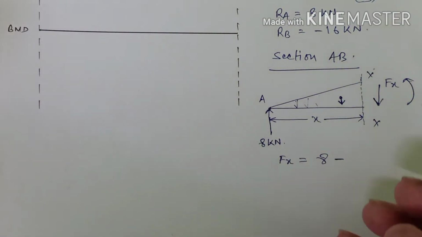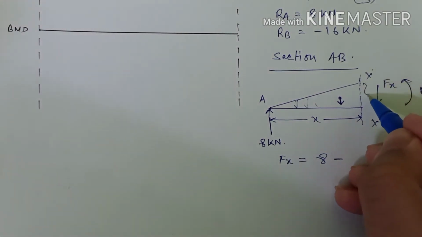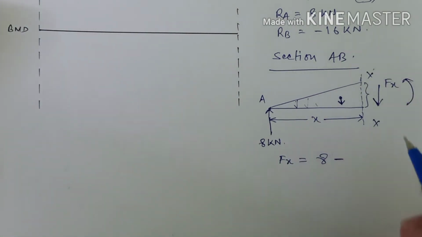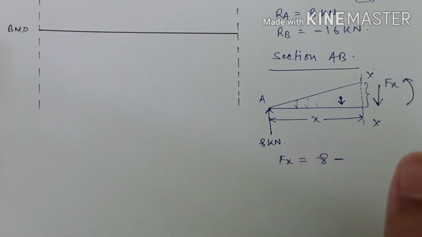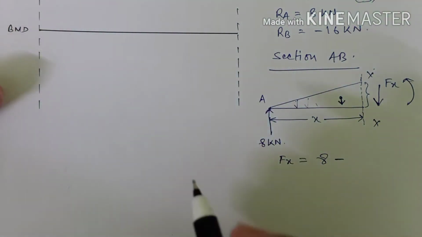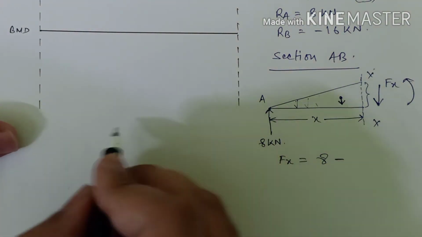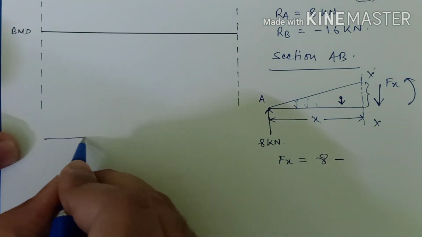So what will be the value of this area? Half into X into this length, right? How do you find the value of this length? We can find it by using the similarity of triangles that you have learned in your class 10. We used to have Thales theorem, if you remember.